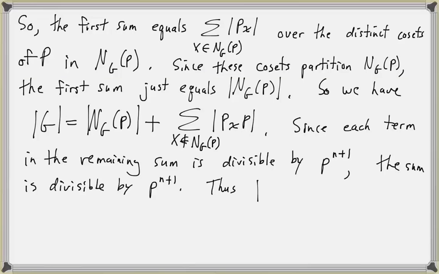And we have that the order of G equals the order of the normalizer of P and G plus some integer t times p to the n plus 1.